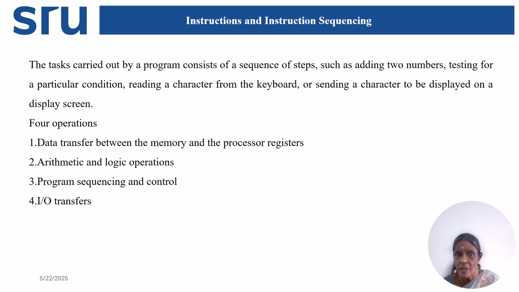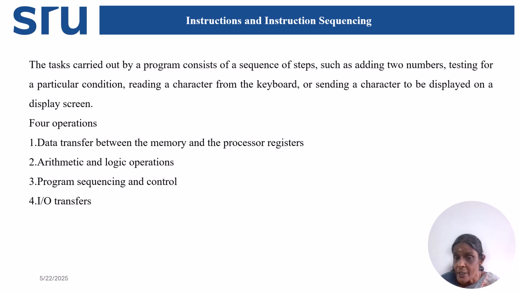In this way, like these two, there are so many conditions, overflow also, signs are also there. There are so many conditions that appear after completion of the arithmetic operations. Those conditions are called testing of the particular condition.